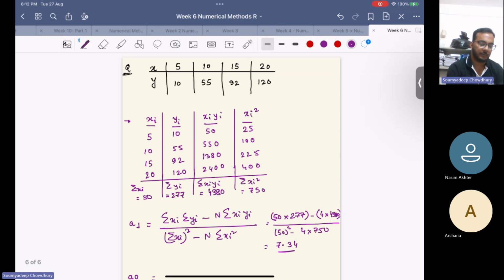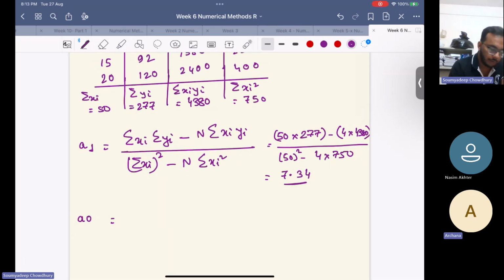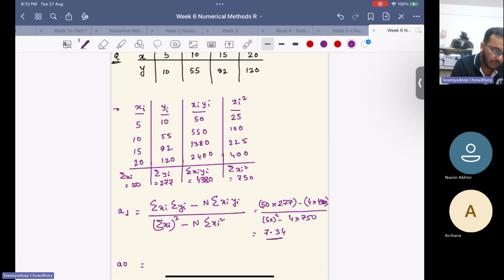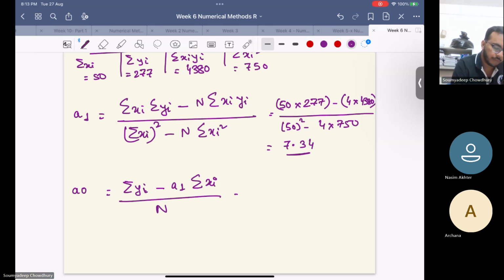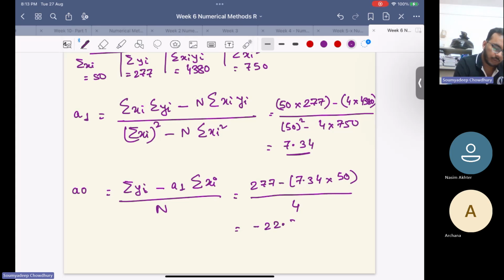Similarly, if you find out a naught, it is summation yi minus a1 summation xi, by n. Summation yi is 277, A1 is 7.34 multiplied by summation xi, which is 50, by 4. So you will get around minus 22.5.